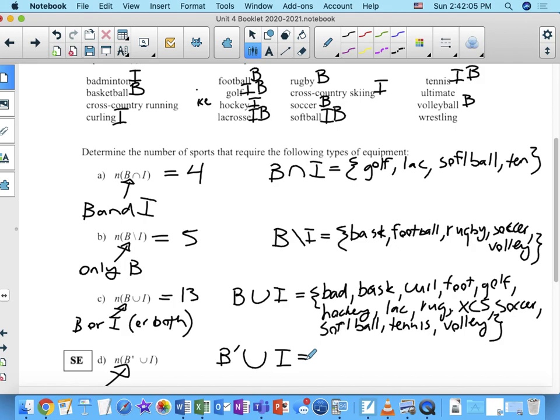So let's see, that's badminton, not basketball because that's just a B, cross-country running, curling, football's just a B, so that's no good, golf, hockey, lacrosse, rugby's no good because that's just a B. Cross-country skiing.